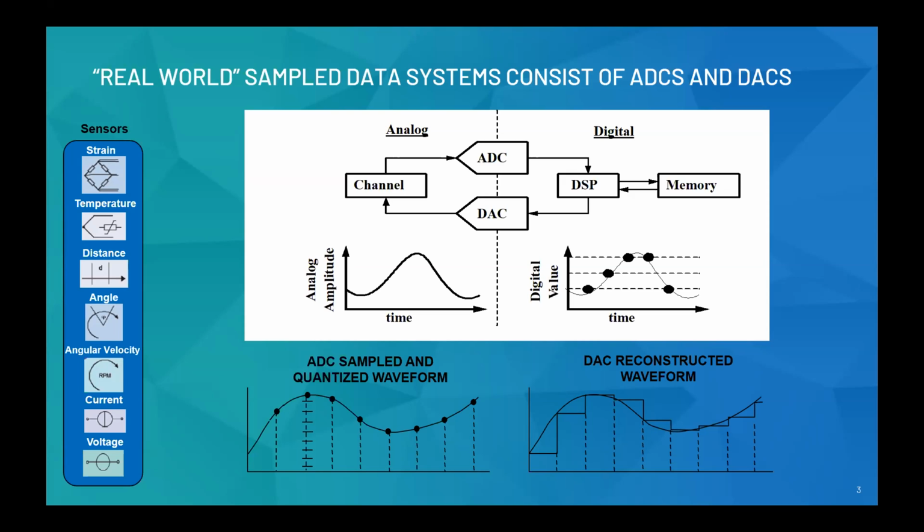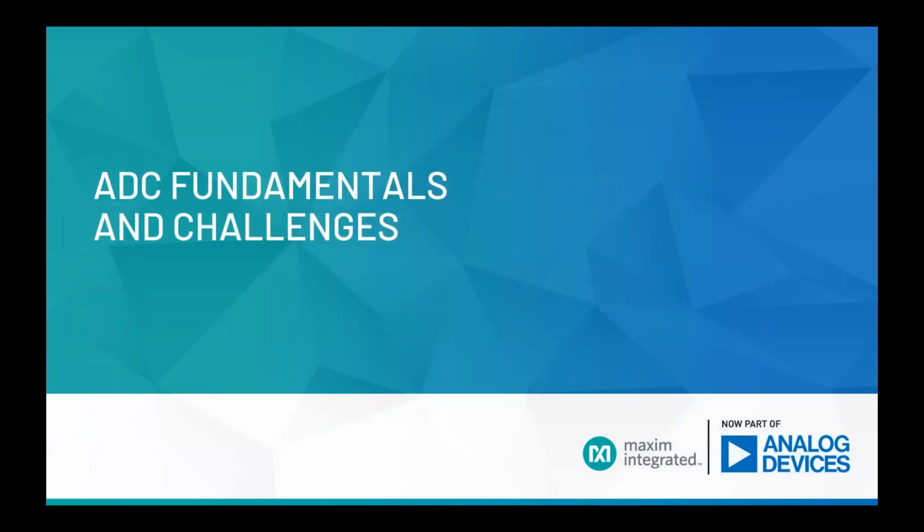The DAC is the other form, wherein this discrete signal is converted back into a continuous signal to take some actions, for example something like a motor control or a pulse width modulated output, which is exactly the opposite form. Okay, so having understood where the ADC and DAC primarily fall in, let's jump into the fundamentals and challenges for an ADC.